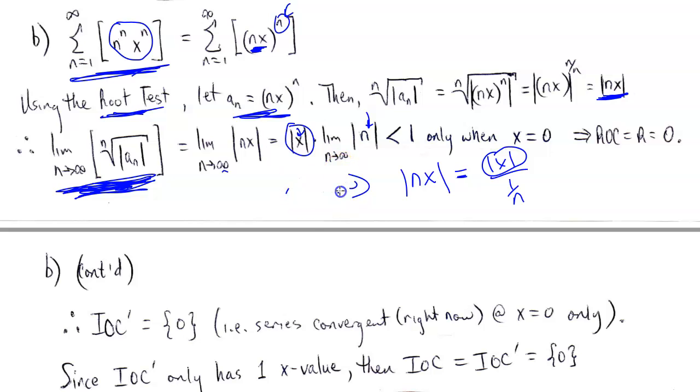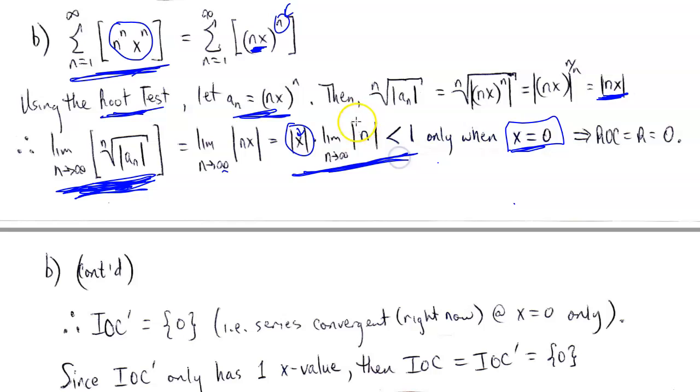Simply put, we can see that no matter what this limit of absolute value of n is doing, it doesn't really matter what's going on there. The fact that once all that's done, it's being multiplied times this 0 here, and we're forcing it to be 0 because we're saying the only time that this would actually work is when x is equal to 0. That's what's kind of forcing it to be there. Okay. So the whole point here is that there's only one x value for where this situation is actually going to be true.